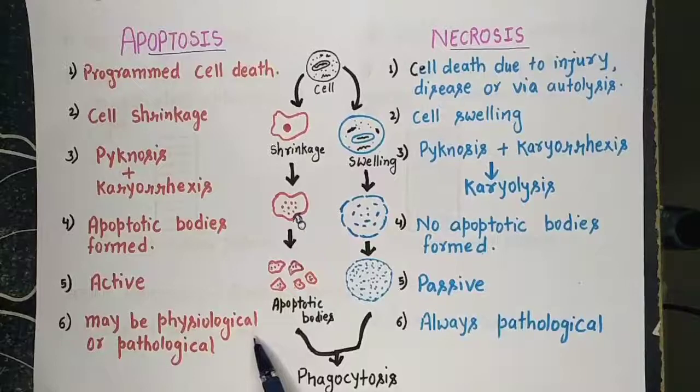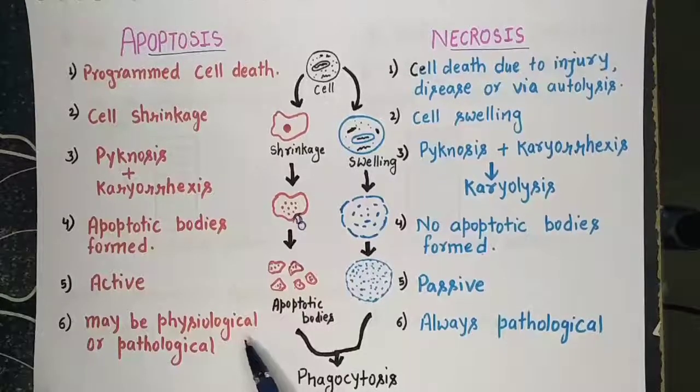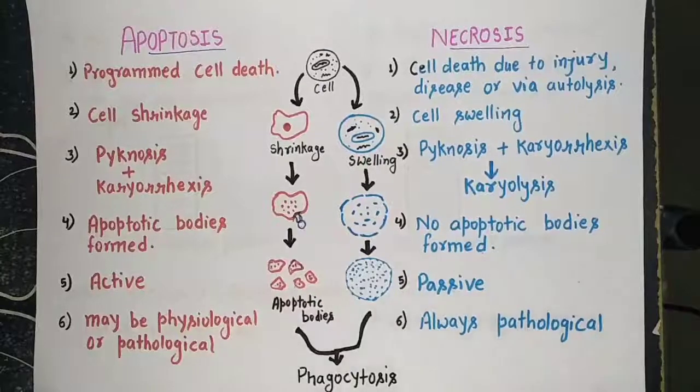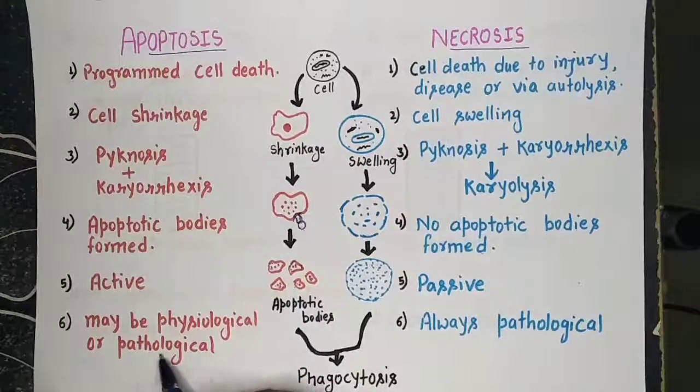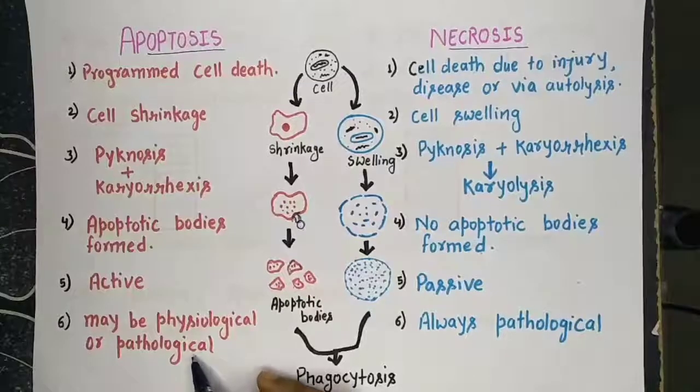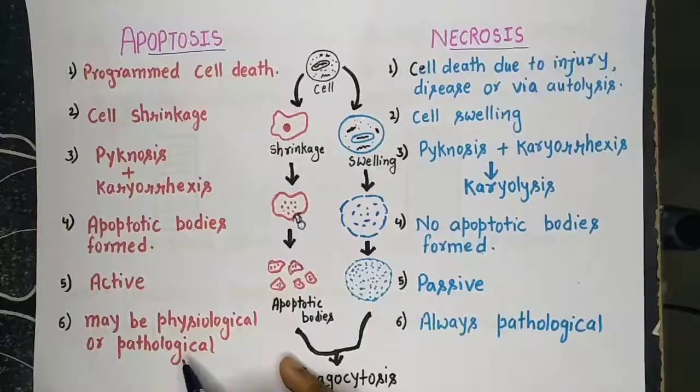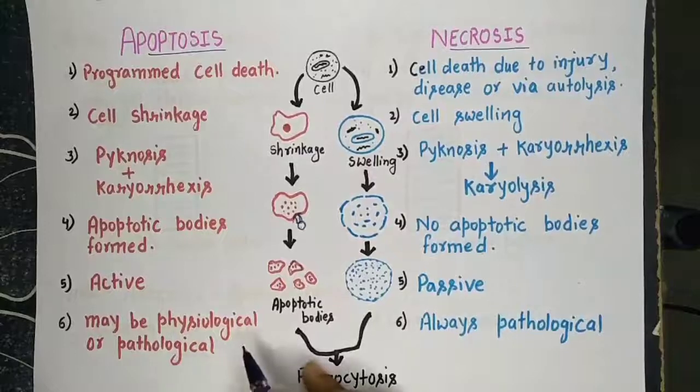During formation of the embryo, to remove the extra cells formed in the conversion from zygote to embryo, in order to save the body of the fetus, the extra cells undergo apoptosis. And pathological means apoptosis may occur in case of a diseased condition, as in case of radiotherapy or chemotherapy. Cancerous cells are removed from our body by the process of apoptosis.